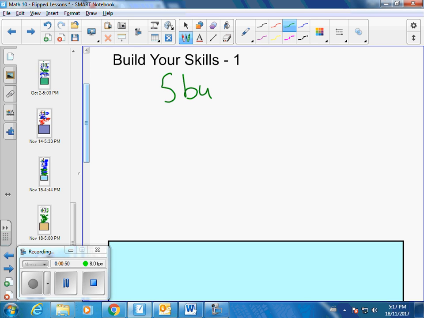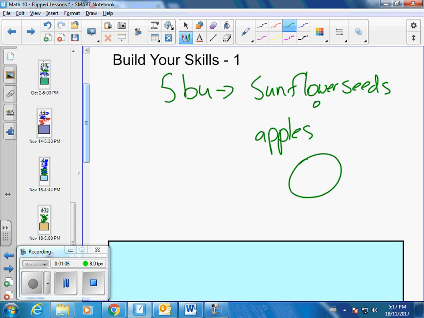The problem with bushels is that a bushel of sunflower seeds, which are maybe this big, versus a bushel of apples, which are obviously at least that big, is going to give me 2 very different weights or masses. My bushel of apples is not going to weigh the same as my bushel of sunflower seeds.